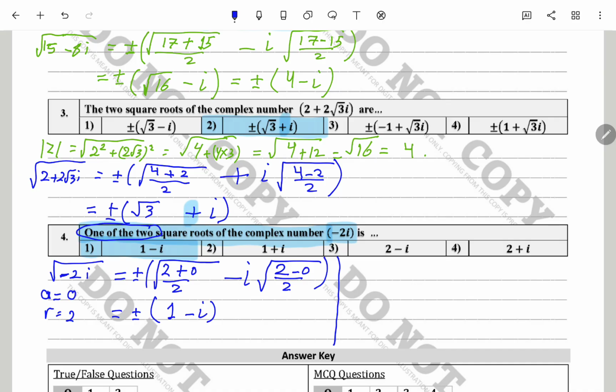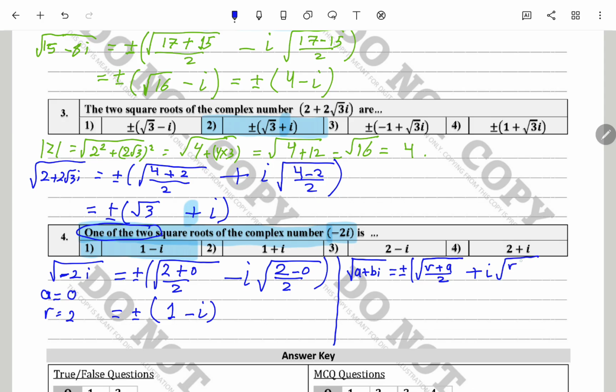If you have, for example, any square root of a plus bi with positive, you can use it easily by writing positive and negative, open a bracket, square root of r, which is the modulus, plus this a, divided by 2, and if you have positive in the middle, you write positive and then use i for the imaginary part.